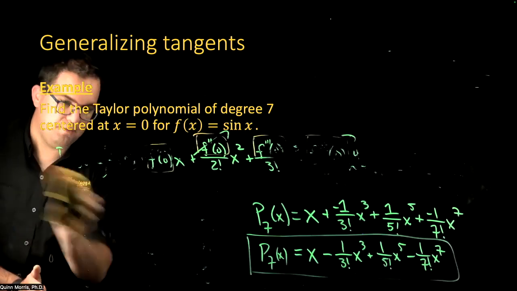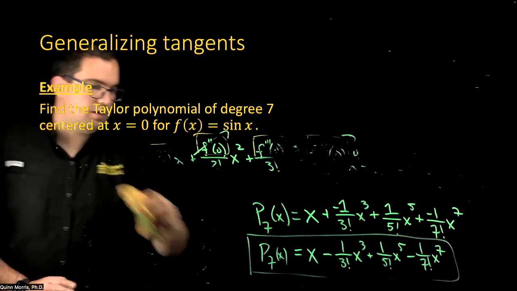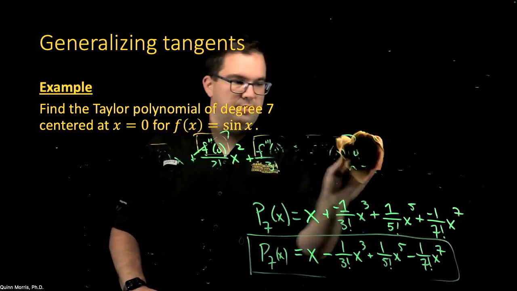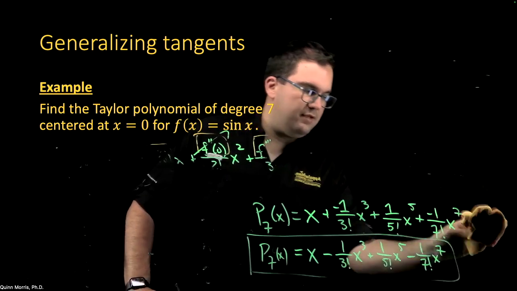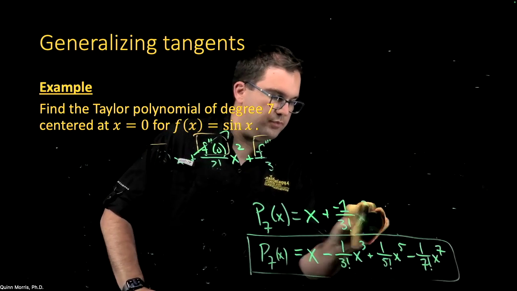I'm going to change the problem, but I'm actually going to leave this answer sitting right here because I want to look at our next problem and then relate it back to our answer we got here.